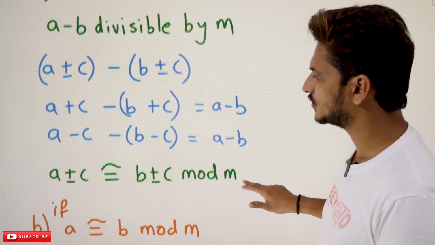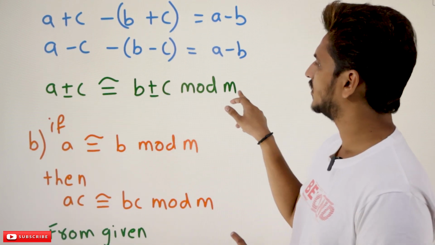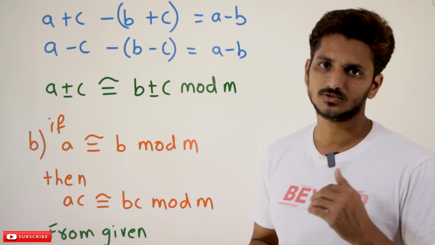That is what we need to show. That's why A plus or minus C is congruent to B plus or minus C modulus M. So the first one we have shown.